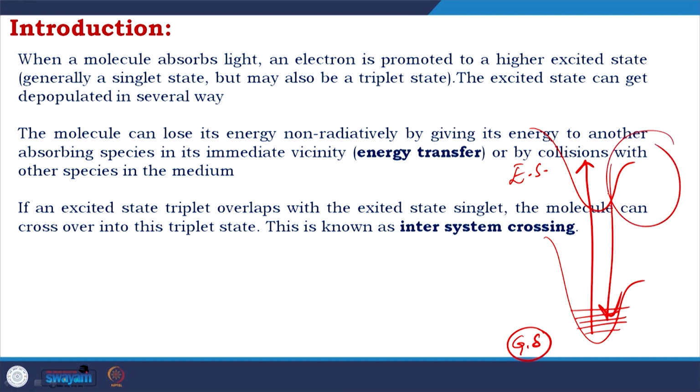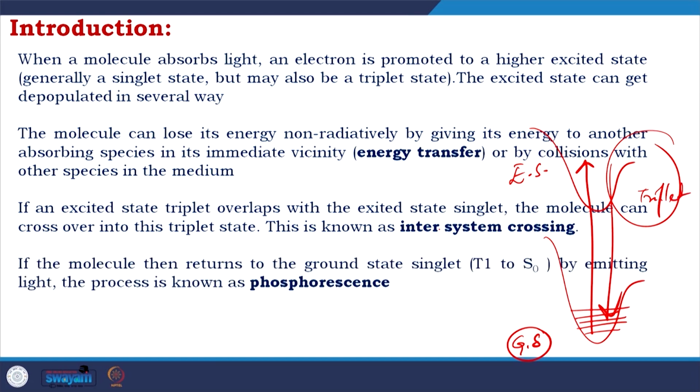So, this is singlet, going to a triplet state, that is inter-system crossing. If the molecule then returns to the ground state singlet, so it goes from S0 to S1 and then to T1, then comes to S0, this phenomenon is called phosphorescence.